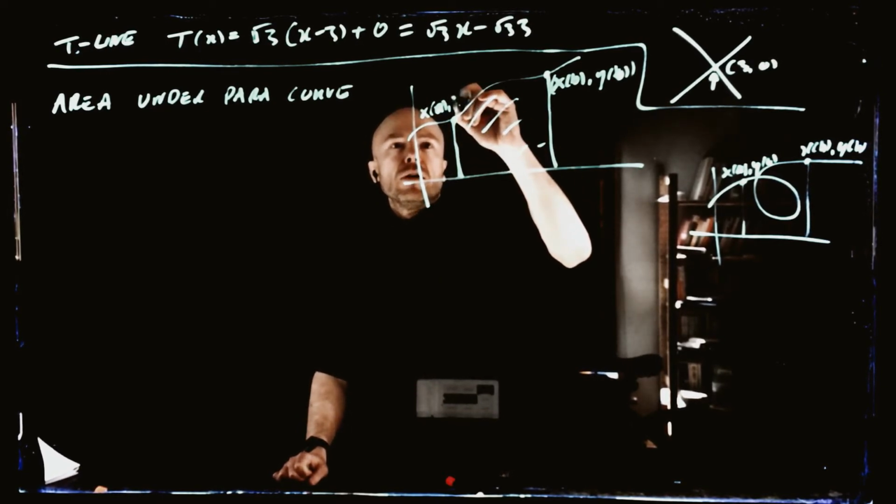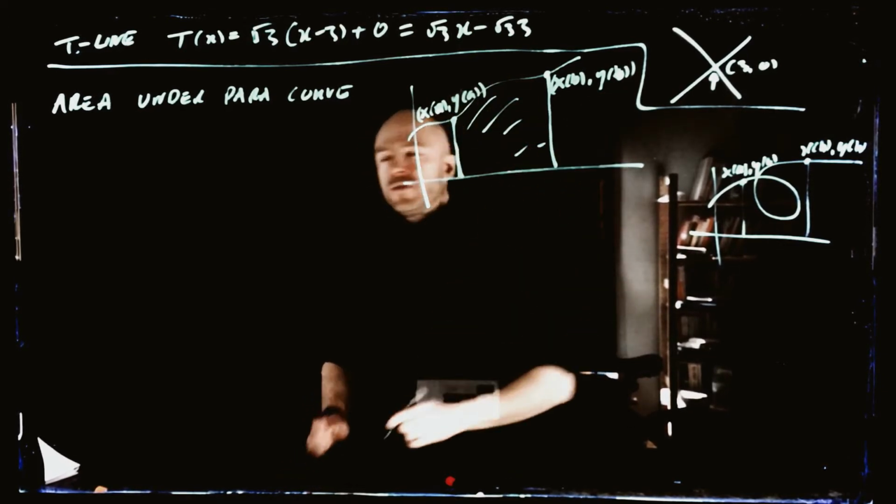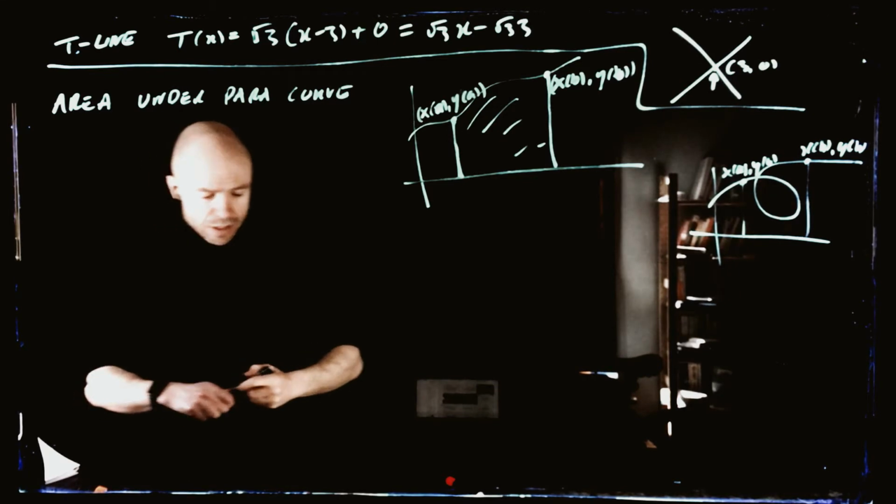It's just completely false. So the way to actually find the area underneath this parametric curve is to do the following.